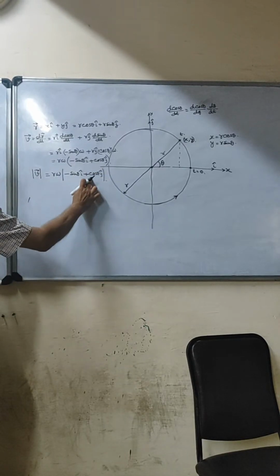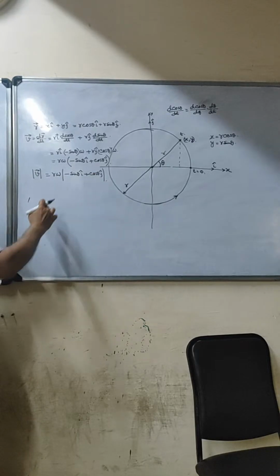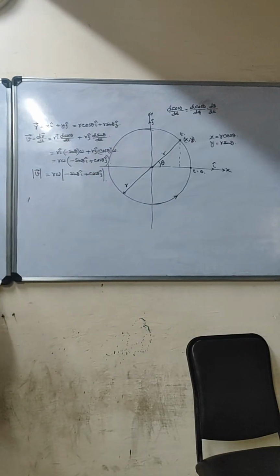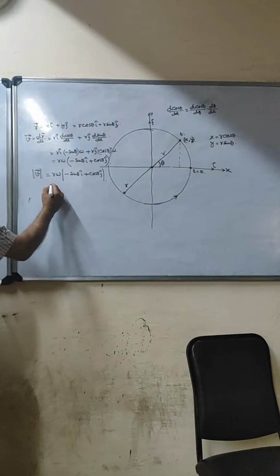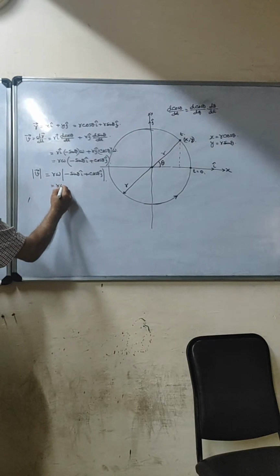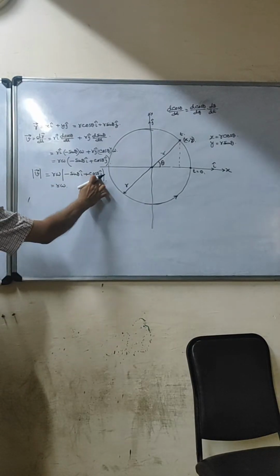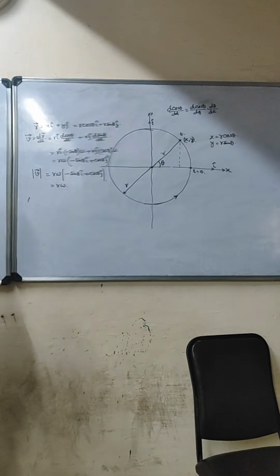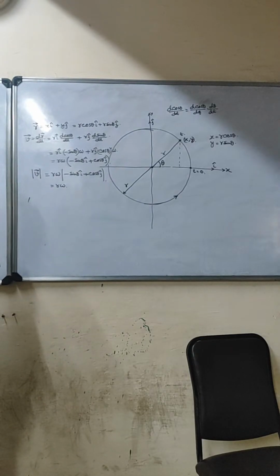And what is the magnitude of this one? Minus sin theta whole square plus cos theta whole square. How much is that? 1. That means mod of v bar is r omega, and this is a unit vector, a vector of magnitude 1. Clear?